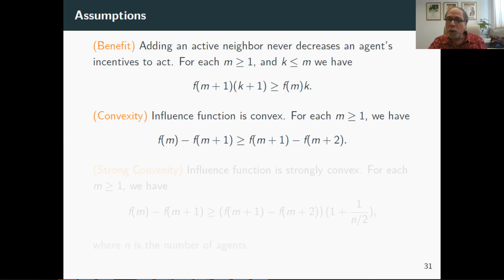Suppose that I start with 3 players, 2 of which are doing the action and 1 which doesn't do the action.